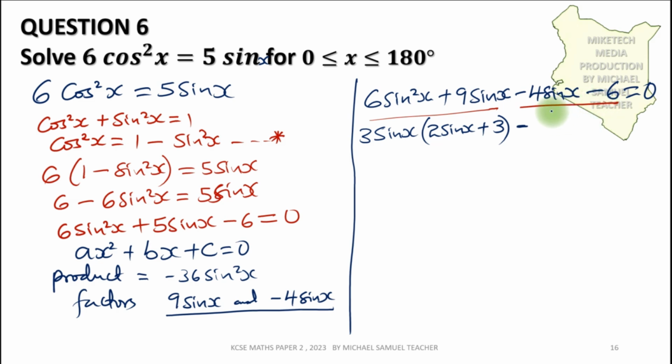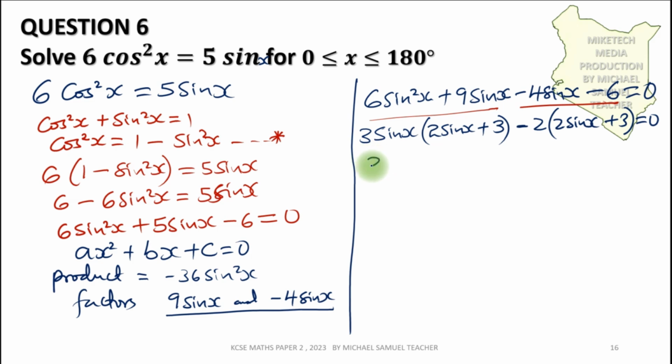So in that case, minus 2 is common. So minus 4 sine x divided by minus 2, we get 2 sine x. Then minus 6 divided by minus 2, that is plus 3. Close the bracket, will be equal to 0.